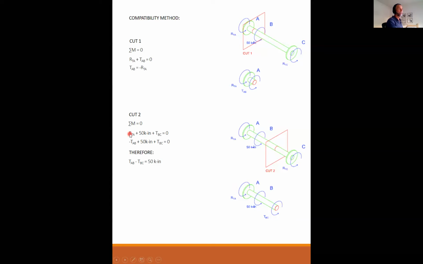So that's why all three here are positive. But I already found that RTA is equal to minus TAB right here, so I substituted that in. Got it. So my conclusion here is TAB minus TBC is equal to 50 kip inches. Got it. Any other questions at this point?